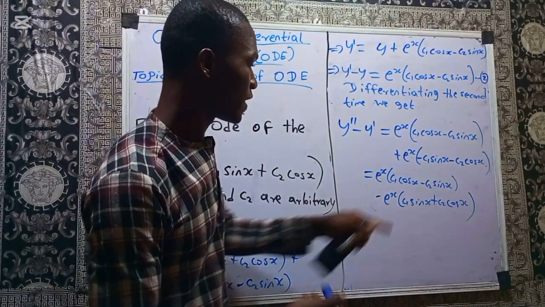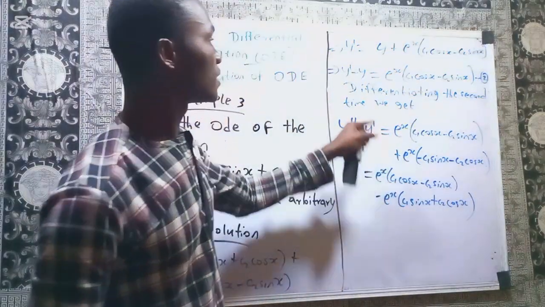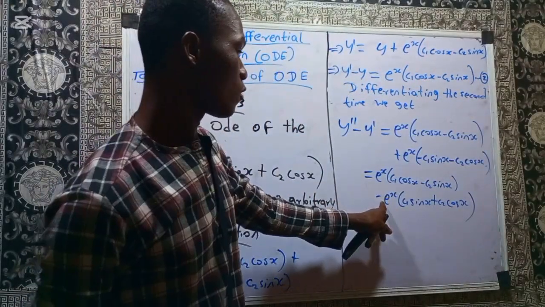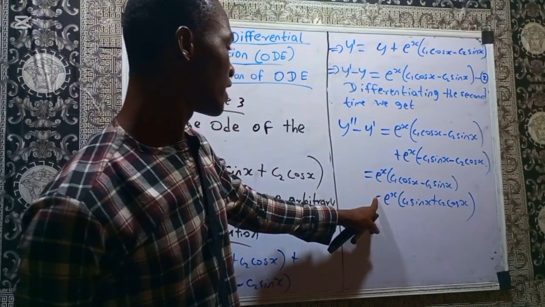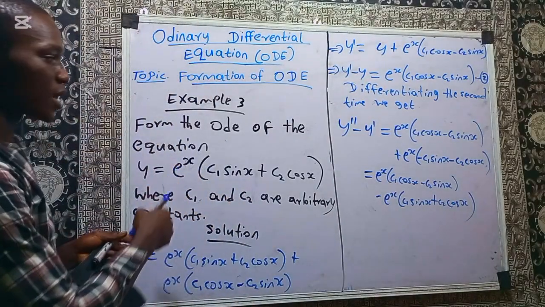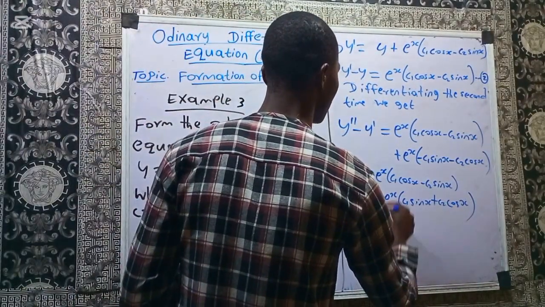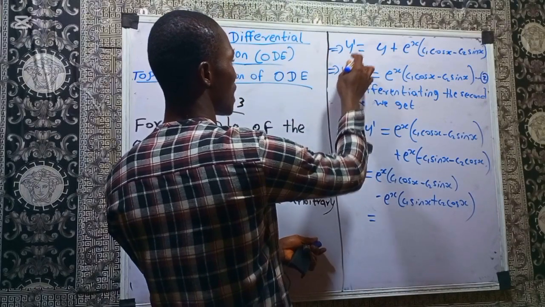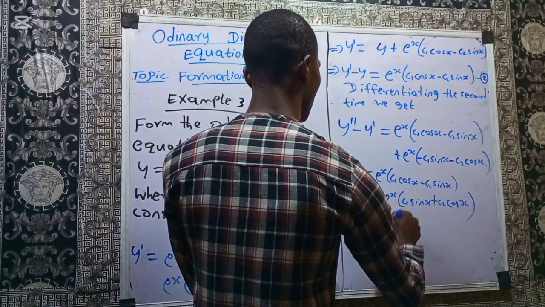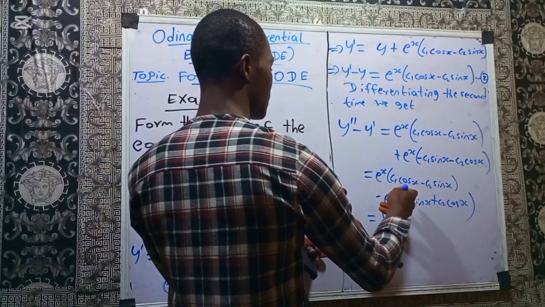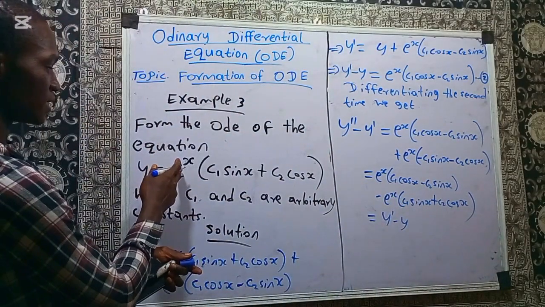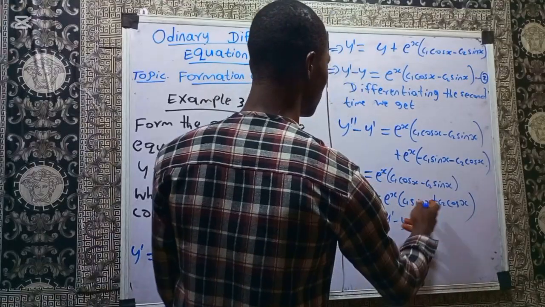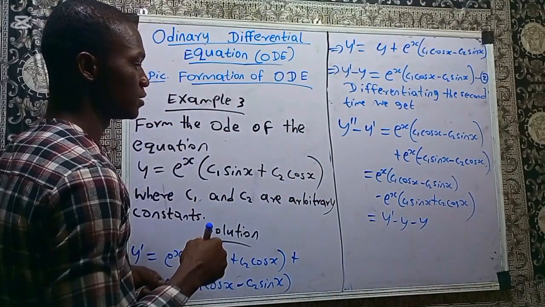So this first quantity is the same thing as what we got in equation 2, and this second quantity is just the negative of the original function. So the whole thing at the right hand side, the first one is y prime minus y, and the second one is negative y.